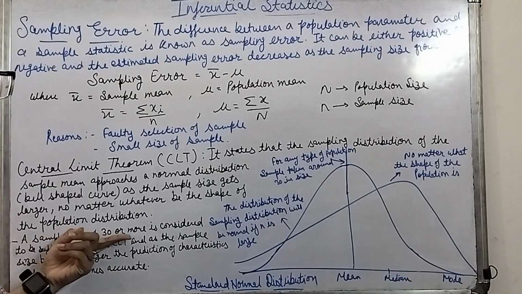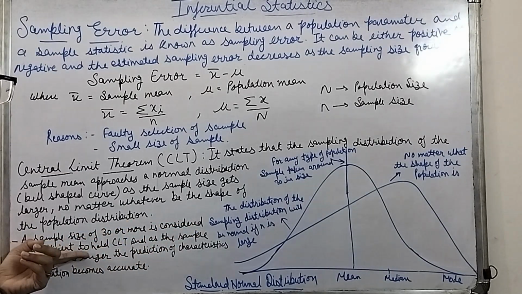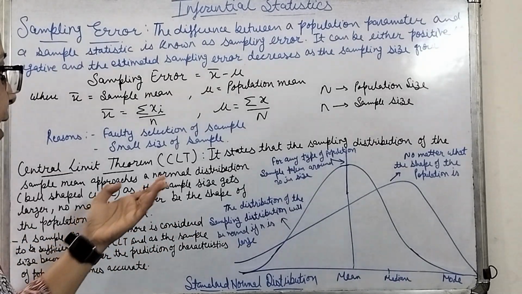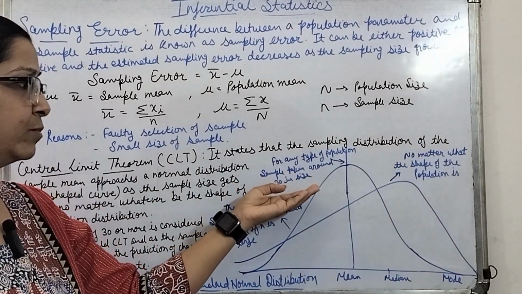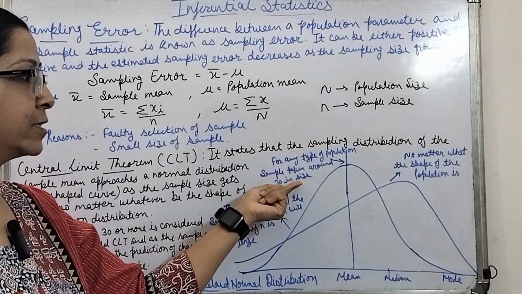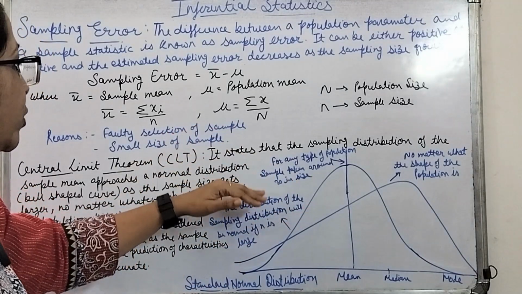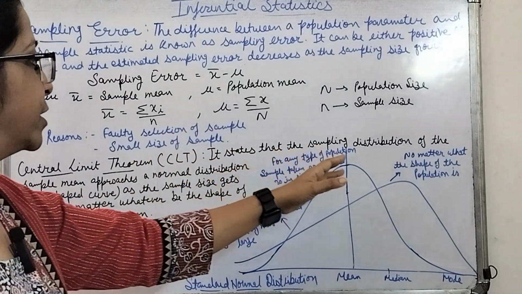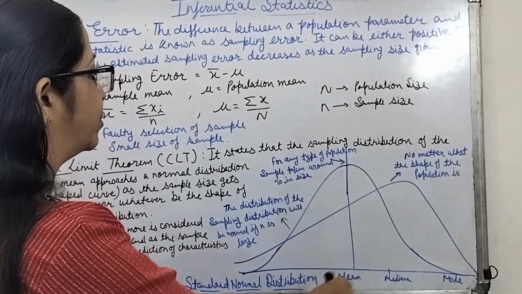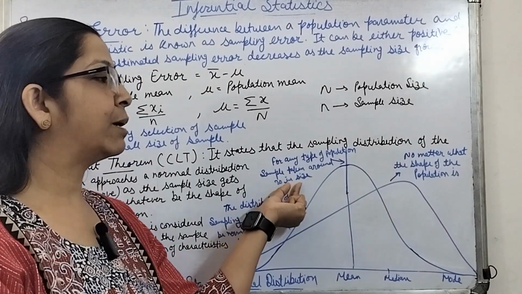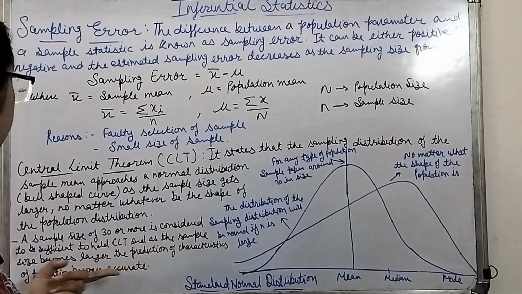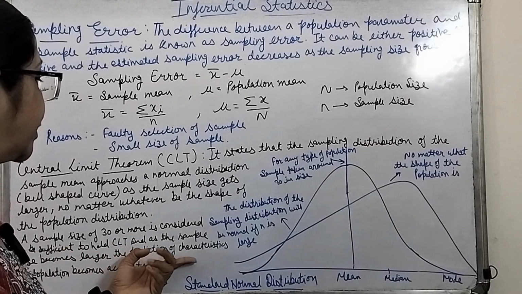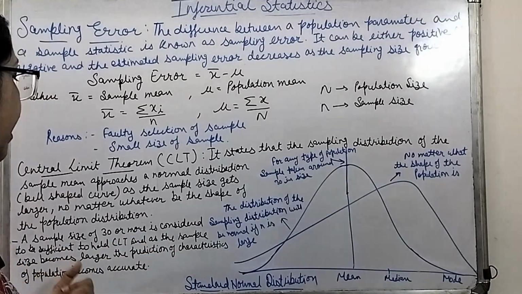Now a sample size of 30 or more is considered to be sufficient to hold CLT. As we just said, in the sample there should be at least 30. The sample size should be at least 30 or more than 30 for holding this statement that the sampling distribution will be a normal distribution. And as the sample size becomes larger, the prediction of the characteristics of the population becomes accurate.